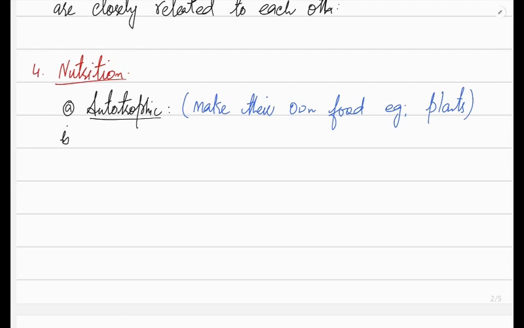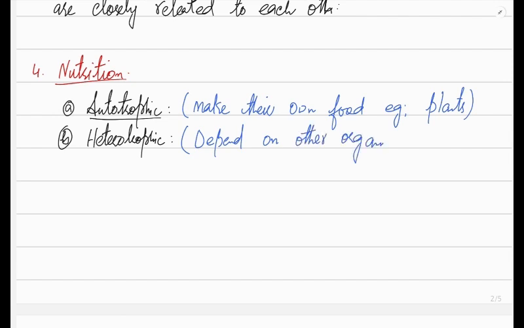And second, we have heterotrophic. Heterotrophic organisms depend on other organisms for food.